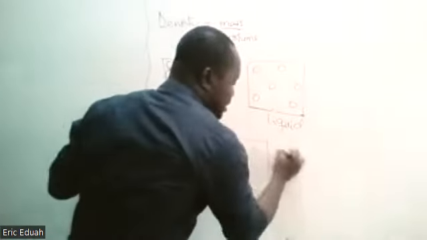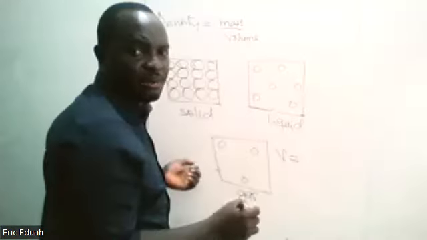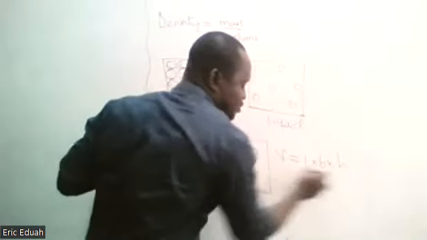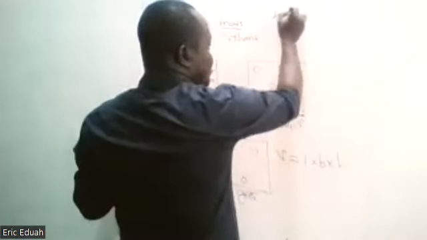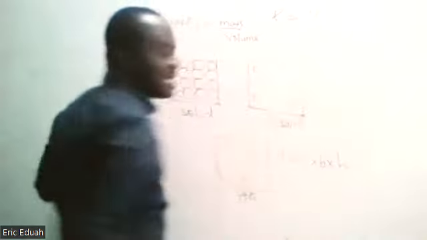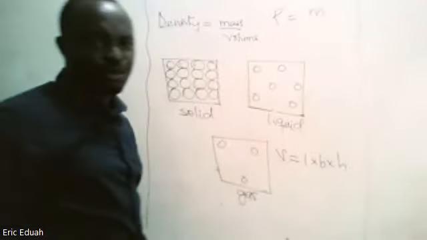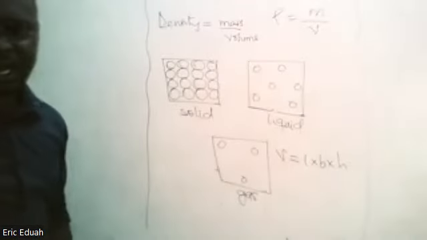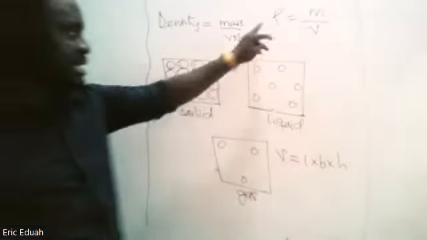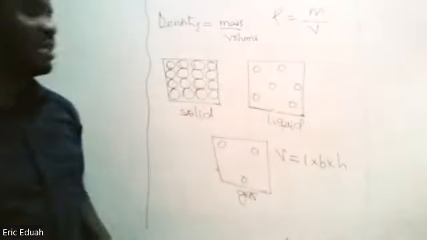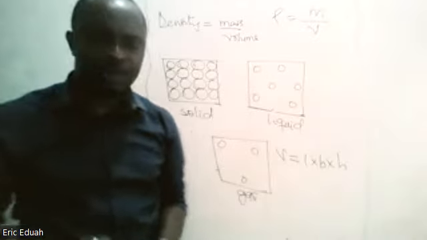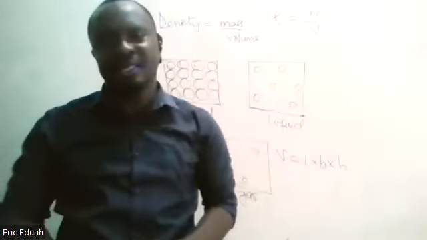Then we multiply these measured quantities, length, breadth, and height, to get the volume. Then we divide the mass obtained using the electronic balance by the volume to get the density of the regular object. If it's an irregular object, how do we determine the density?